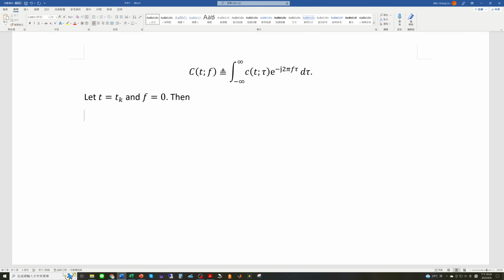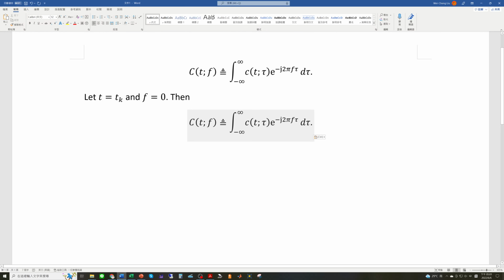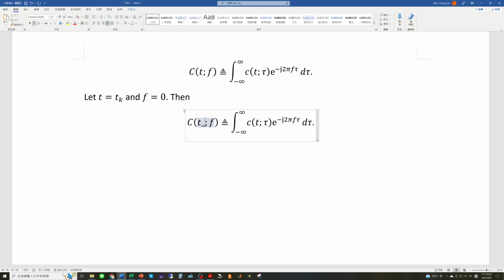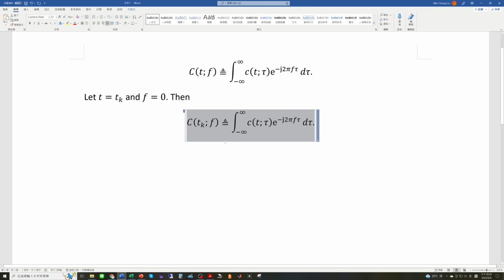Then this equation becomes capital C of tk, and f is equal to 0.